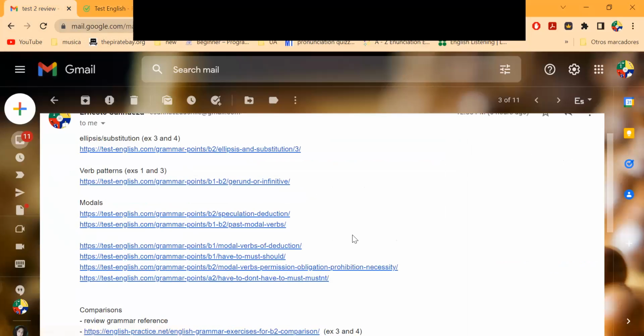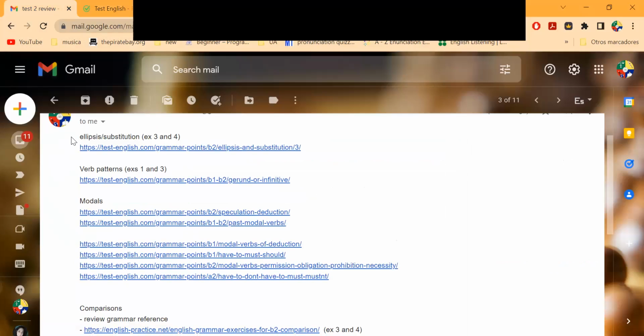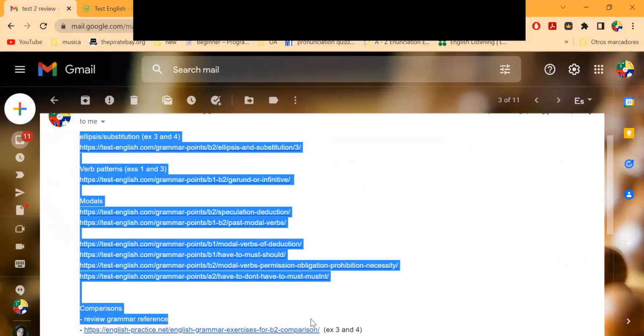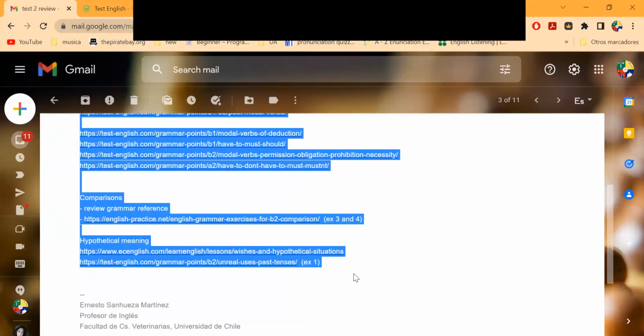Mira, les voy a, para que no se me olvide, compartir en el WhatsApp toda esta selección de ejercicios. Ay, ¿por qué me copia lo de arriba? Ahí. Para que lo tengan y puedan seguir revisando si quieren. Copiar.